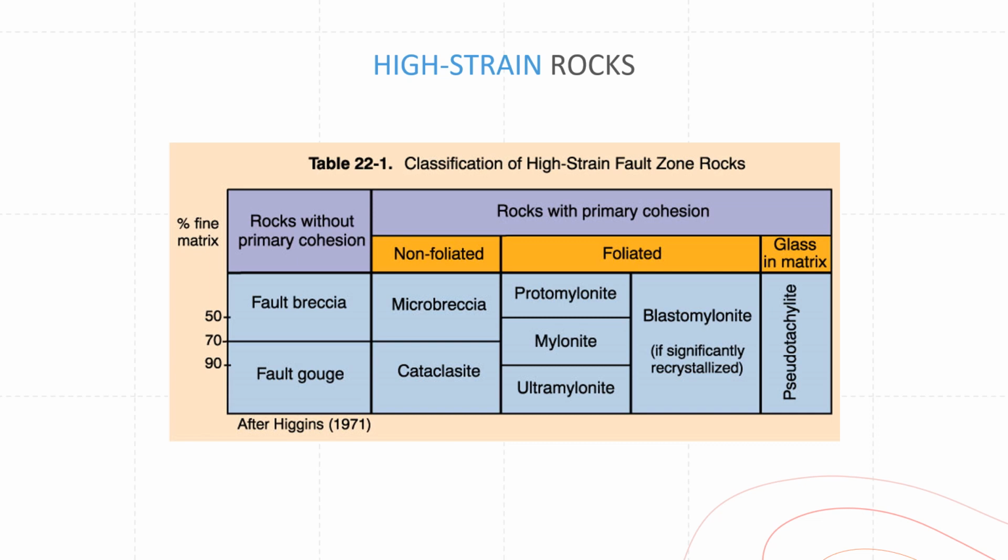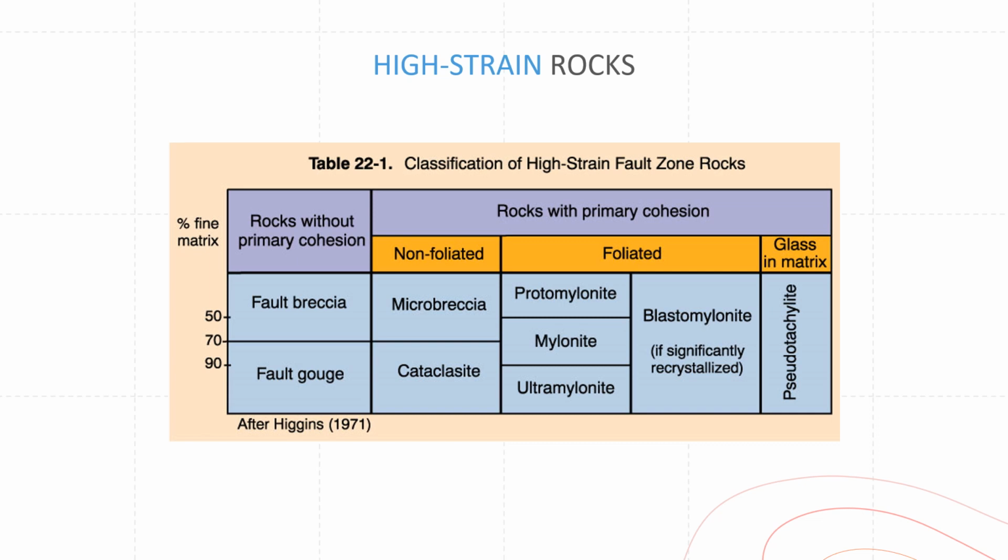Virtually all high-strain processes would involve grain size reduction. And the degree of recrystallization in the matrix is not a factor unless it is very advanced, and when that happens, the prefix blasto is added, which means that the mylonitic texture is still apparent, but it's largely inherited from an earlier high-strain event.